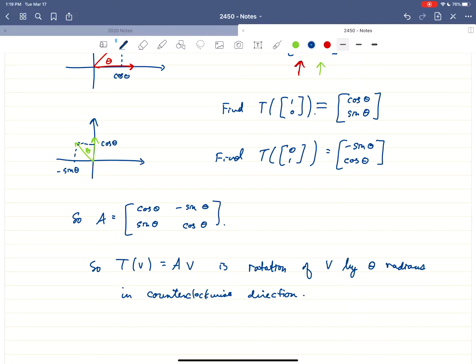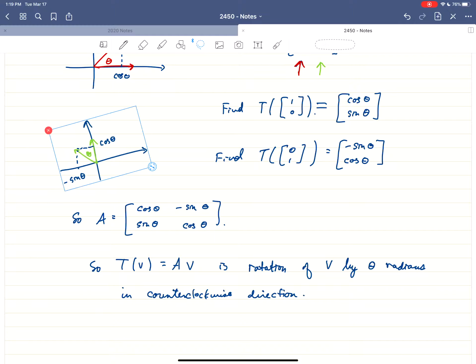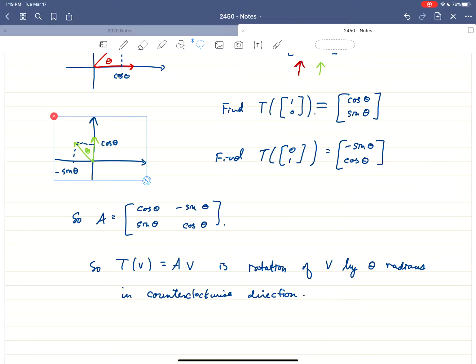This is a transformation that gets used over and over, and it was actually implicitly used when I rotated this. The computer knew where to send this vector based on the transformation that we found. This is a huge component of computer graphics.